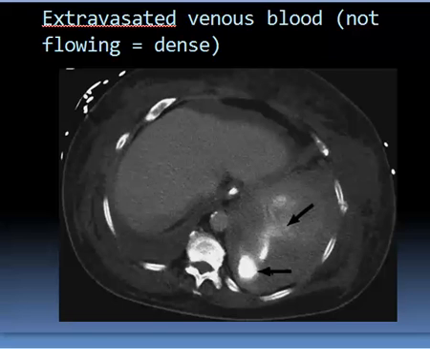Extravasated venous blood is not moving, so it appears more dense. It's not flowing. So if there is extravasated venous blood, it usually appears as dense, not flowing, persistent. But if it is arterial, it is flowing blood.